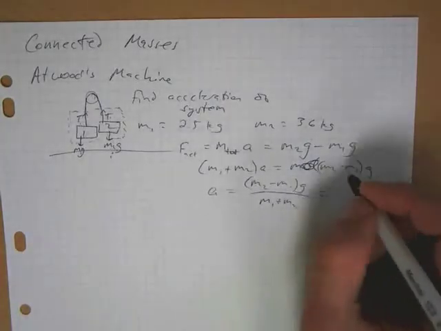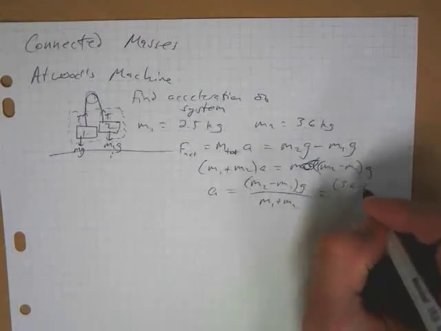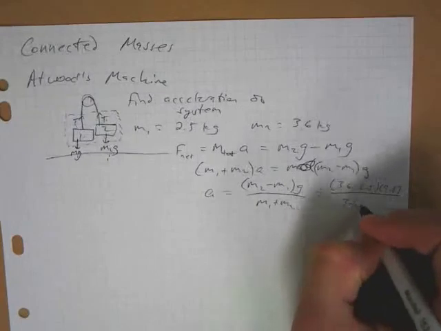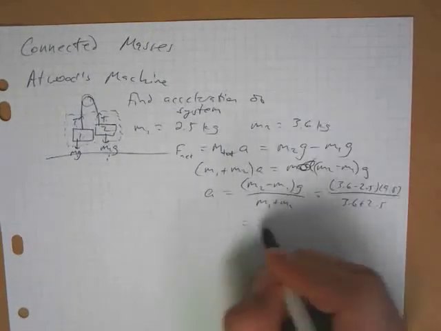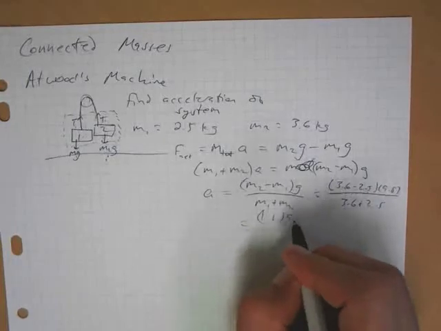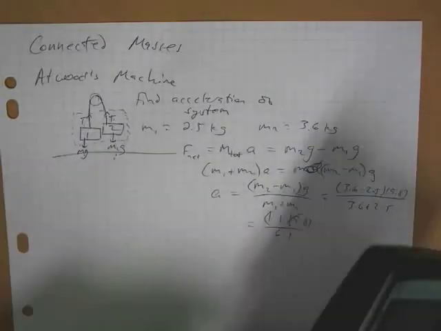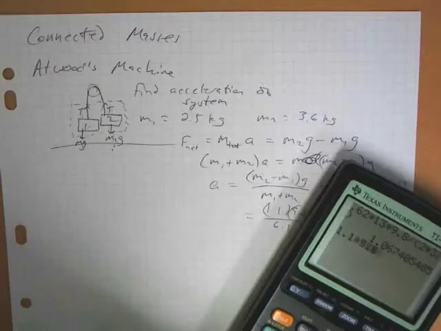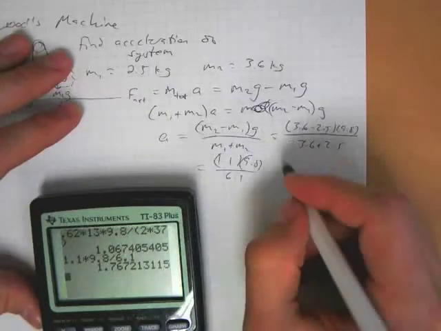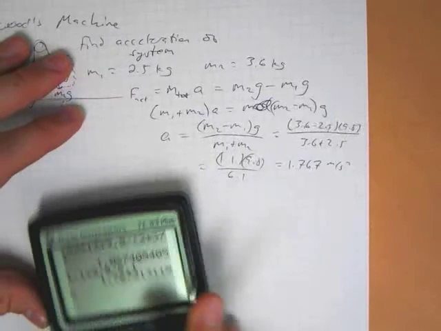So m2 minus m1 now is 3.6 minus 2.5, times 9.8, over 3.6 plus 2.5. So that's 1.1 times 9.8 over 6.1. And we can punch that into our calculator and get that the acceleration of our system is 1.767 meters per second squared.